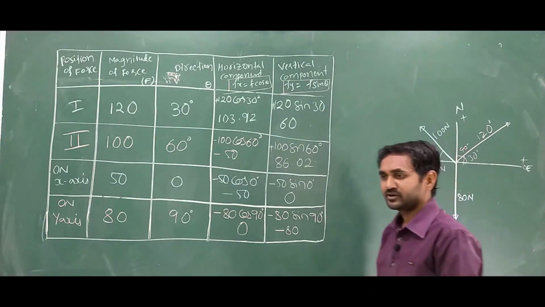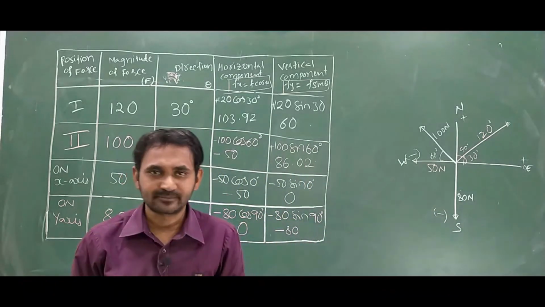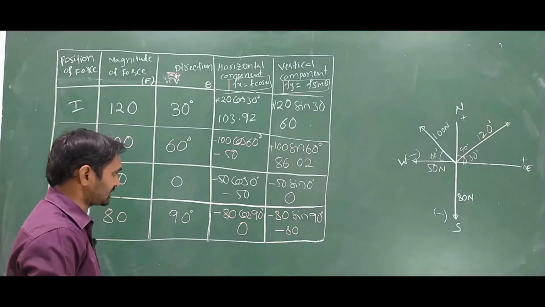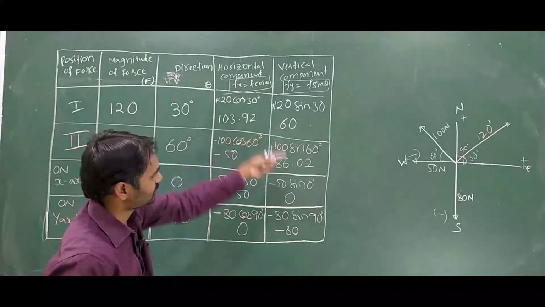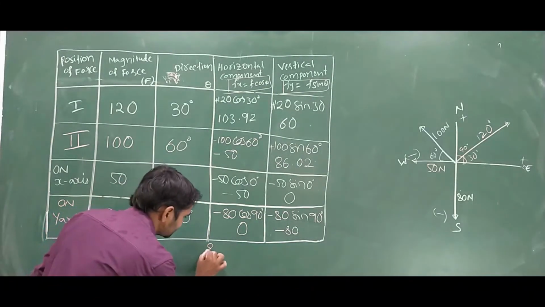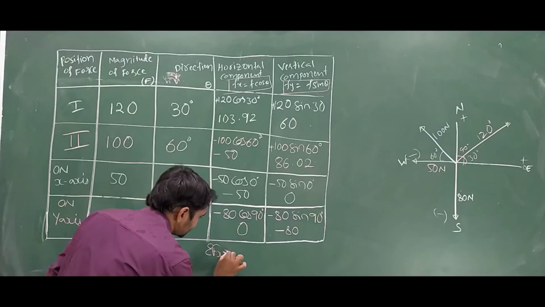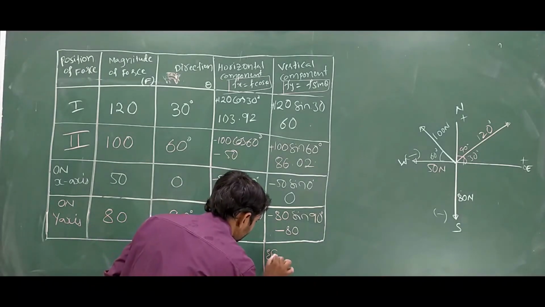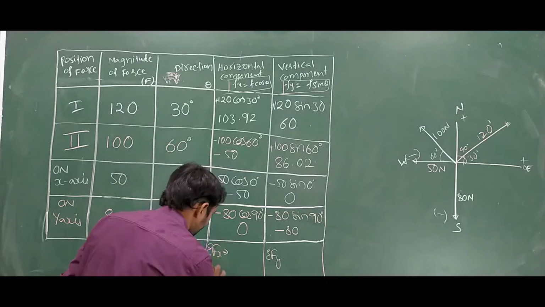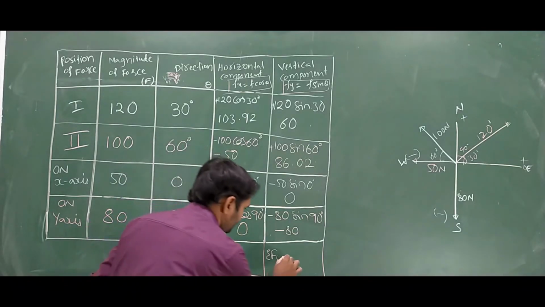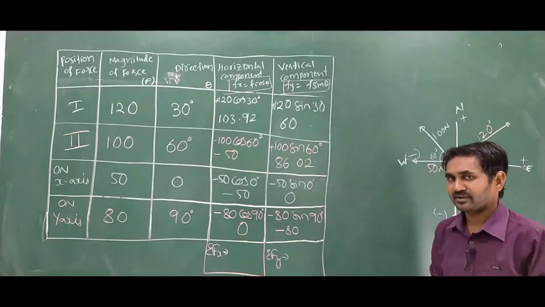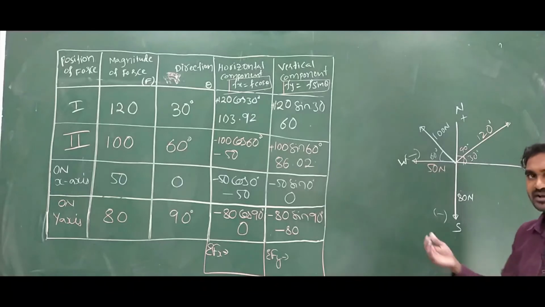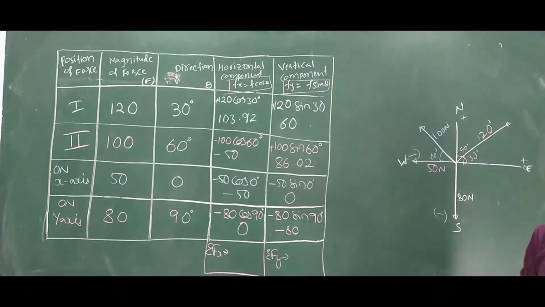And now here you have to calculate sigma Fx and sigma Fy. If I do all plus, I'll get sigma Fx. If I do all plus, I'll get sigma Fy. Because you have a formula, in the previous also we have seen, the resultant is nothing but square root of sigma x square plus sigma y square.